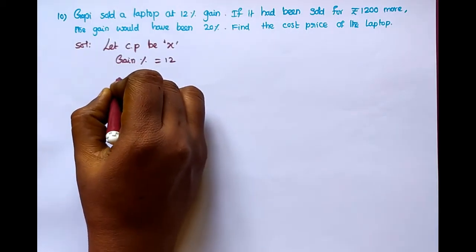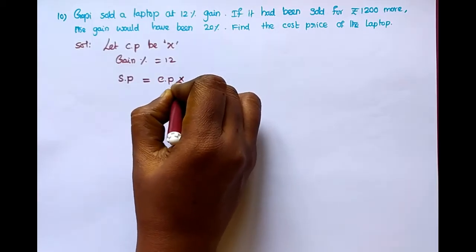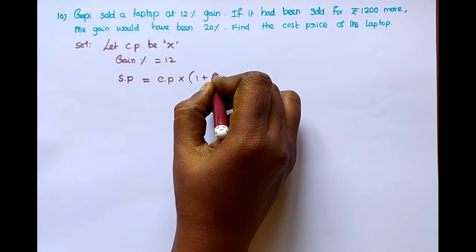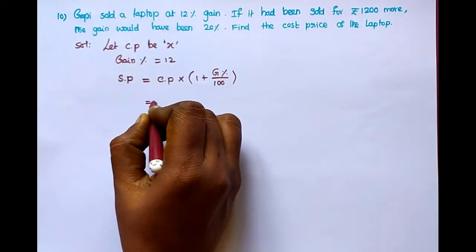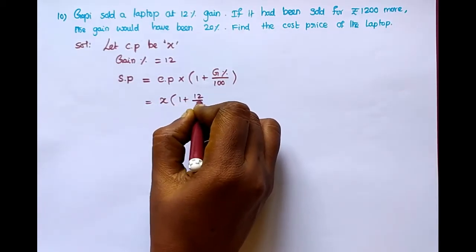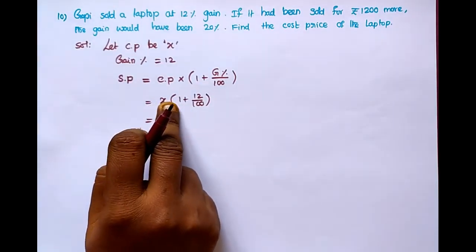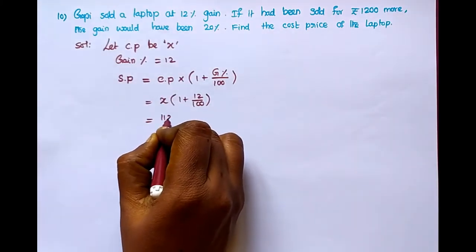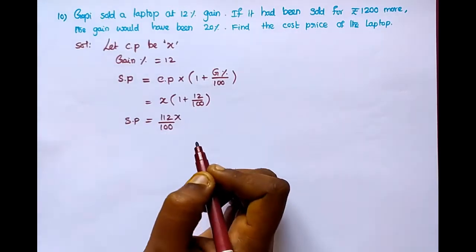So selling price equals cost price into 1 plus gain percentage by 100, that is x into 1 plus 12/100. 100 into 1 is 100, 100 plus 12 is 112, so 112x divided by 100 is the selling price.